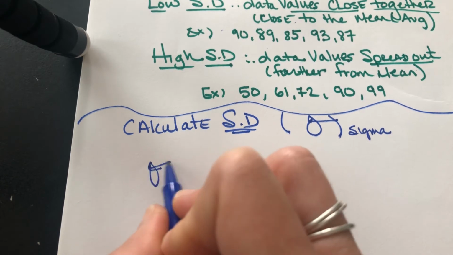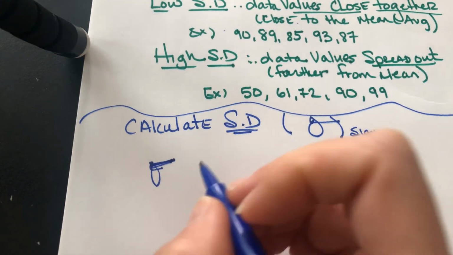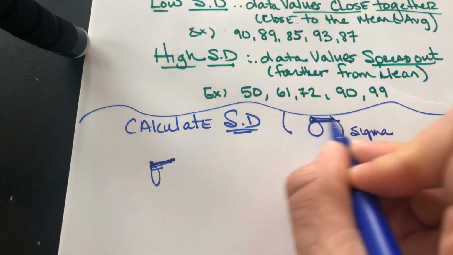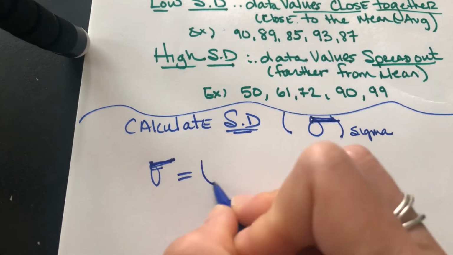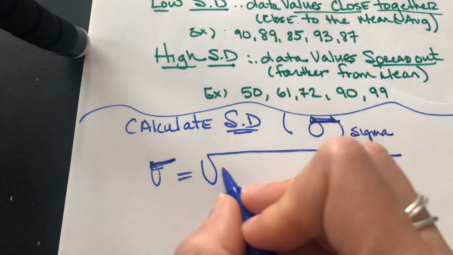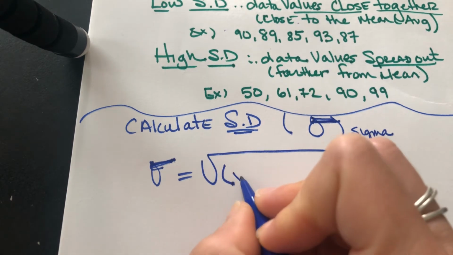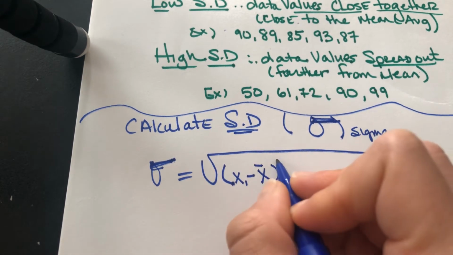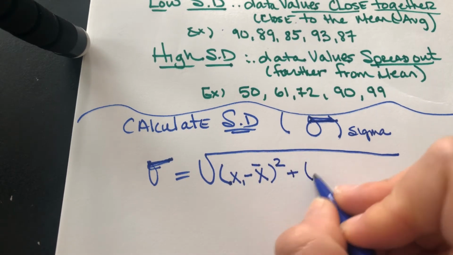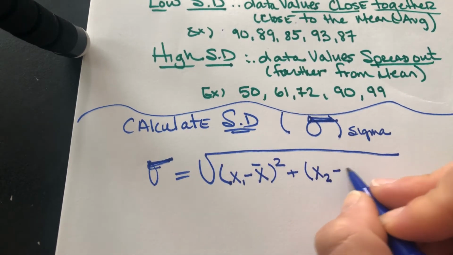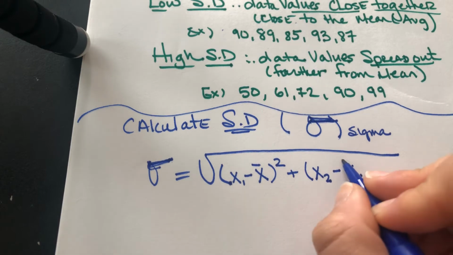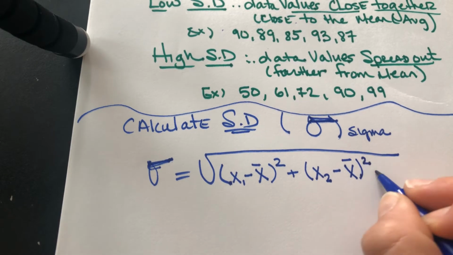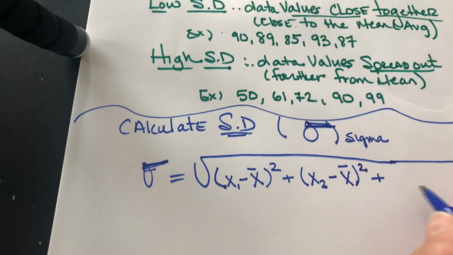So, there we go. Here's what it is. It's the square root of, you're taking the first value minus your mean squared, plus you take the second data value minus your mean squared, plus you do all of that to all of the data values.